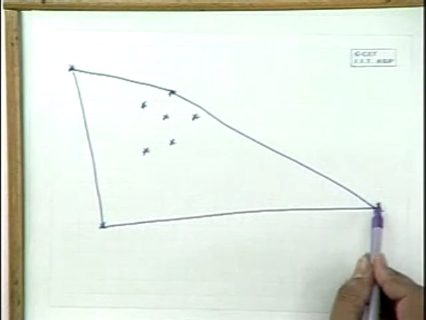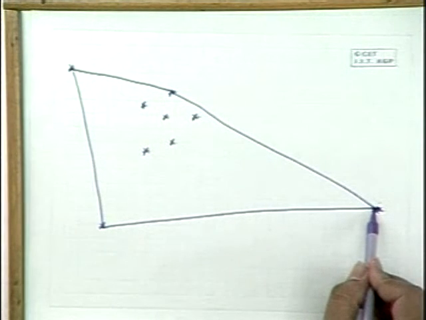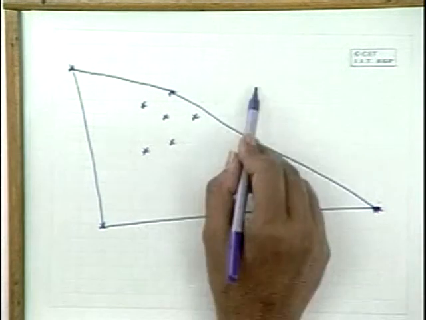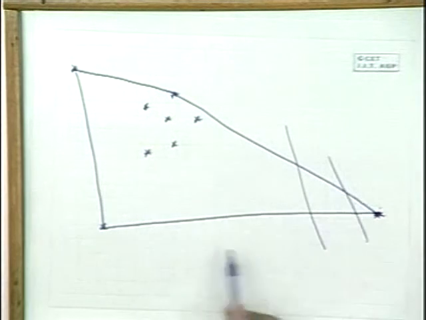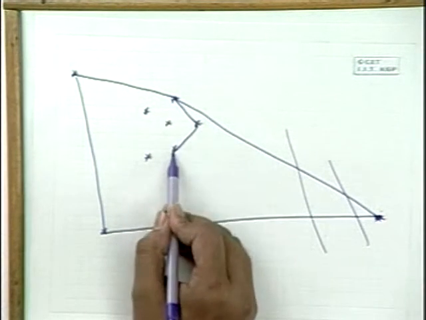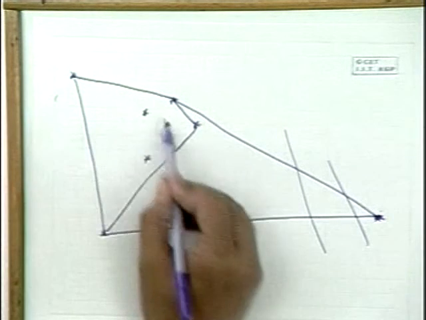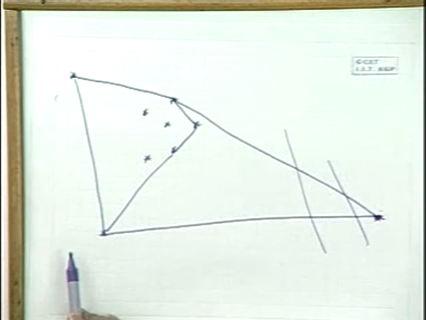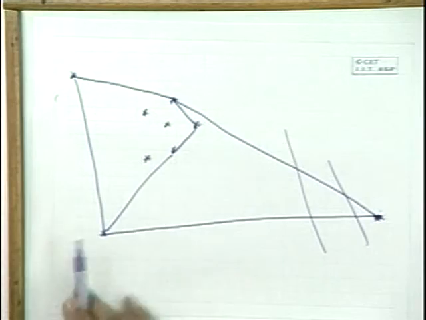If I did not have this point, suddenly the convex hull will change a lot. Suppose this point was not there in the point set, then the convex hull would have taken this, probably this and this. So whether a point is there or not, that may make a lot of difference in the convex hull configuration.